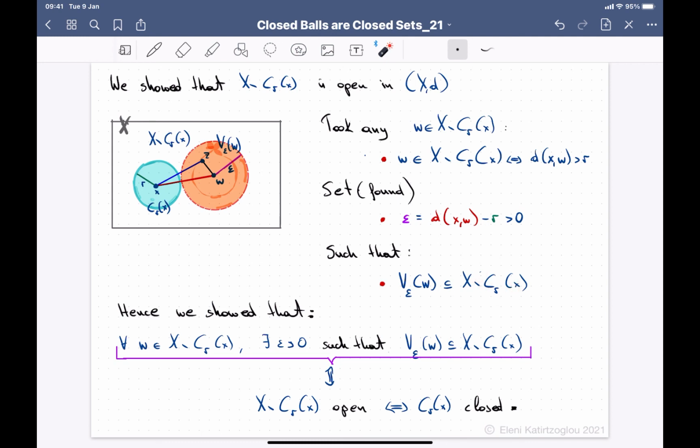In other words, for any W in the complement of the closed ball, there is an epsilon neighborhood of W that is all contained in the complement of the closed ball. And this by definition says that the complement of the closed ball is an open set, and by the definition of a closed set, it also shows that the closed ball is actually a closed set.